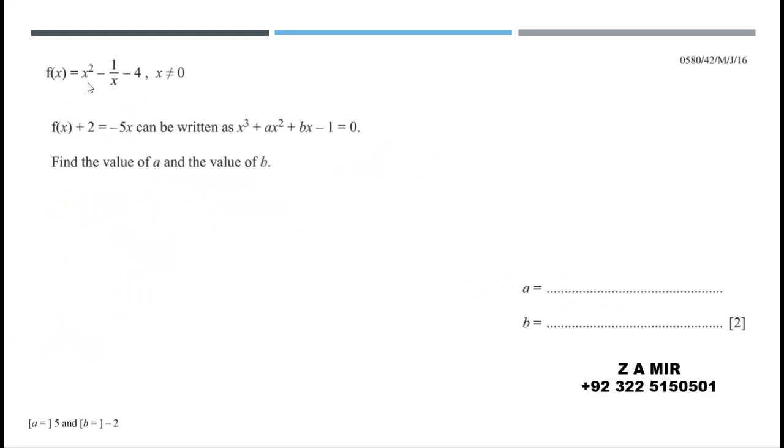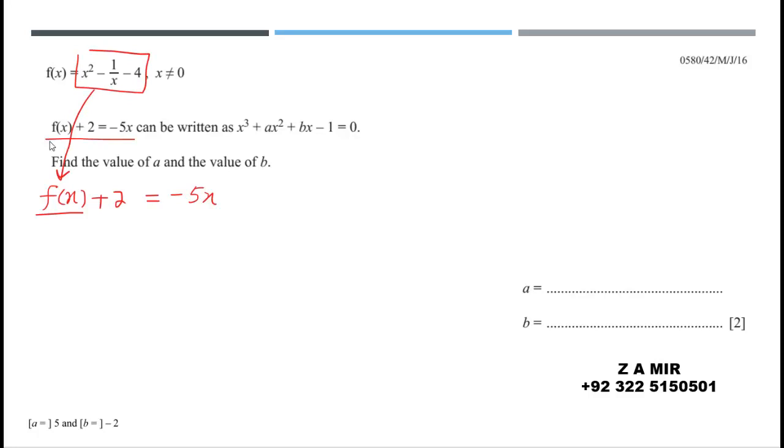Now the next is f(x) is x squared minus 1 over x minus 4, and f(x) plus 2 is equal to minus 5x, which can be written like this into a cubic equation. So first let me take f(x) plus 2 is equal to minus 5x, and this f(x) is this.